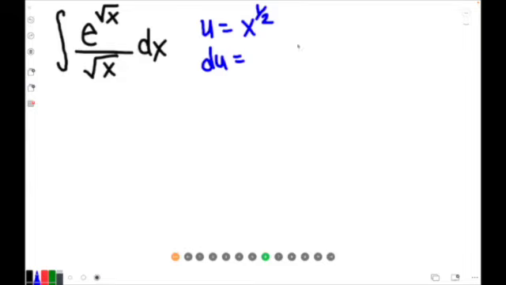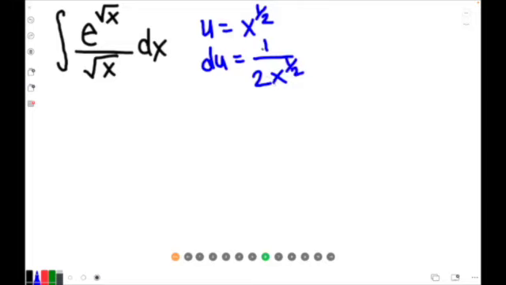Or to better visualize it, 2x to the 1/2. Okay, so now we've identified our u and our du.